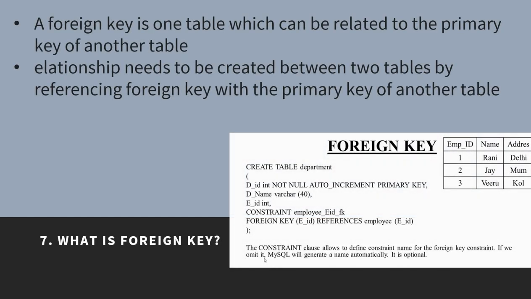What is a foreign key? A foreign key is a key in one table which can be related to the primary key of another table. A relationship needs to be created between two tables by referencing the foreign key with the primary key of another table.